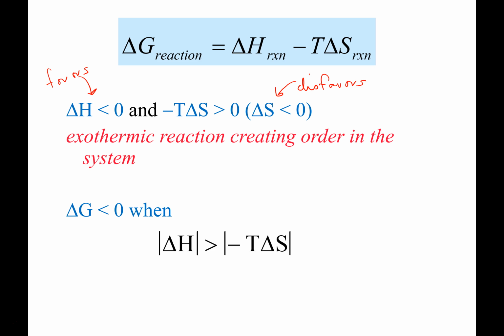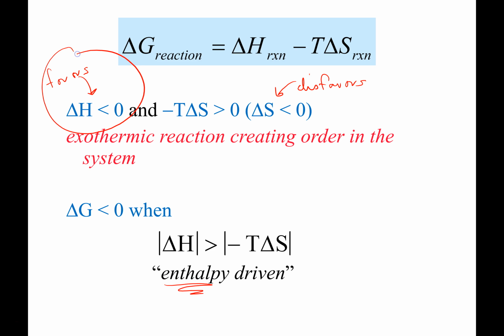So it could be. We could get a negative delta G, but in that case, the thing that favors is going to have to actually be larger than the thing that disfavors. Does that make sense? This term that favors is going to have to take over. And if that's the case, we say it's spontaneous, but it's enthalpy driven.